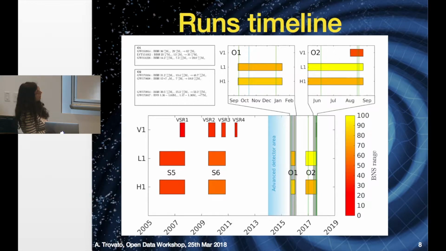This line here represents the events that I was mentioning. The color code shows how the BNS range has improved with time. And at this moment we are not taking data because we are going through another upgrade period, where we will hopefully improve our results again.